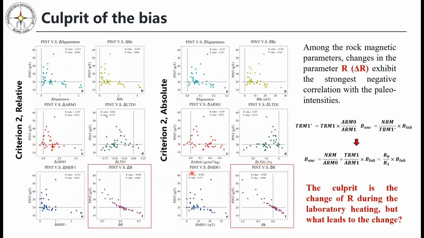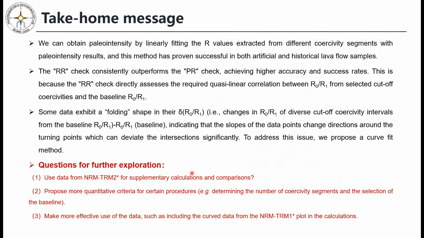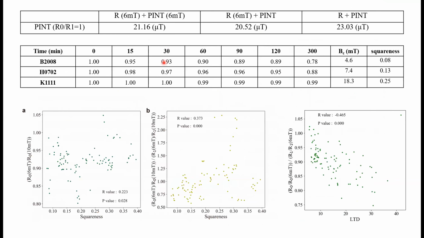And we can see in this plot, the total measurement time for such as the ARM0 or ARM1 will take about 2 hours, and for some very MD-like particles, it will have enough time for its remanence to decay.